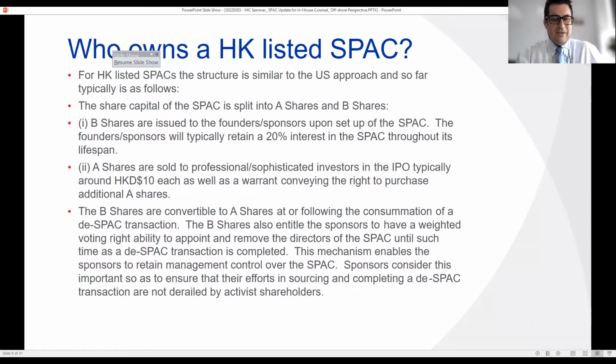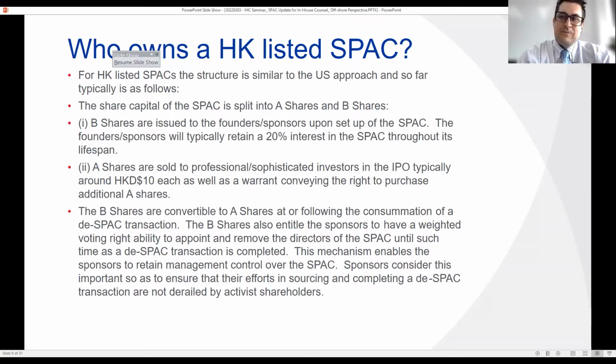It's worth noting that the Hong Kong SPAC regime is different to Singapore and the US, Euronext and London, and other major SPAC regimes in the sense that investors in Hong Kong SPACs may only be permitted if they are professional investors. So retail investors cannot directly invest into Hong Kong SPACs.